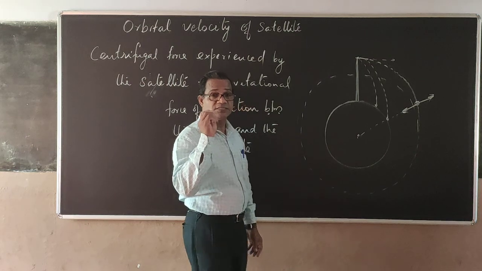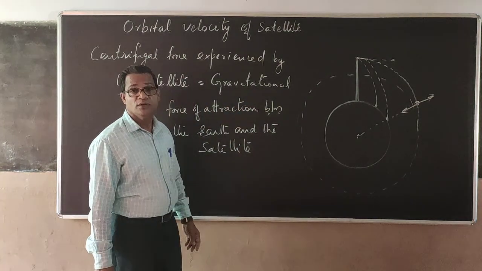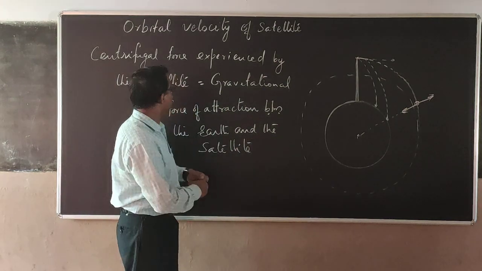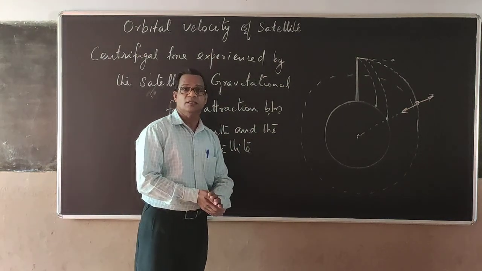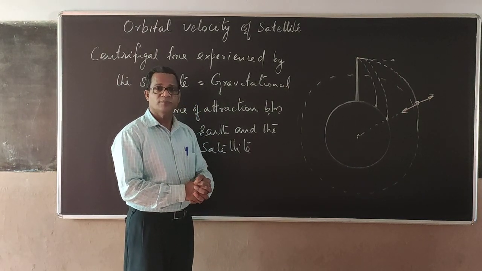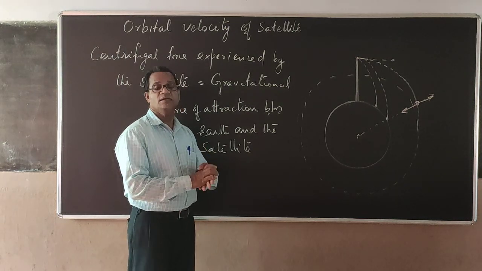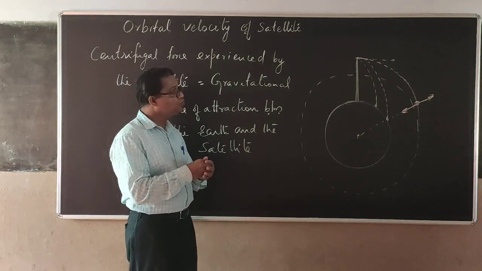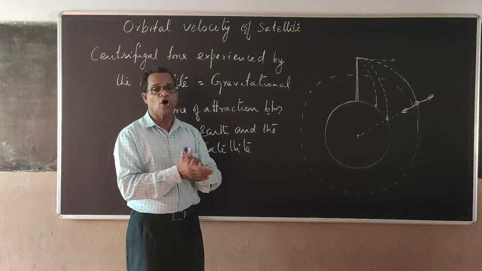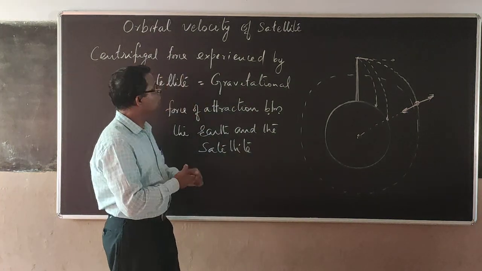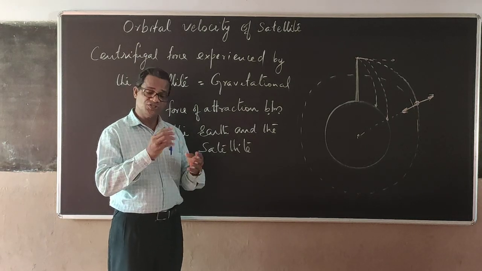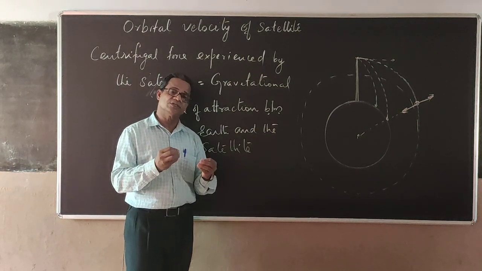That constant steady velocity with which the object is moving around the planet is what we call the orbital velocity of the object. The constant velocity with which a satellite is moving around the planet in a definite orbit is what we call the orbital velocity of the satellite. So each satellite will have its own constant speed.